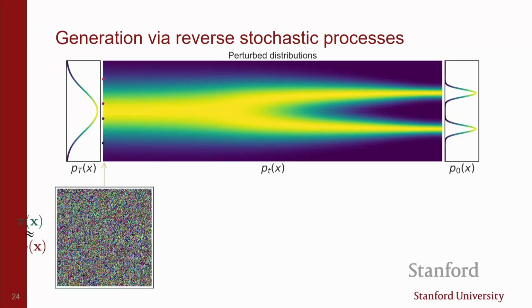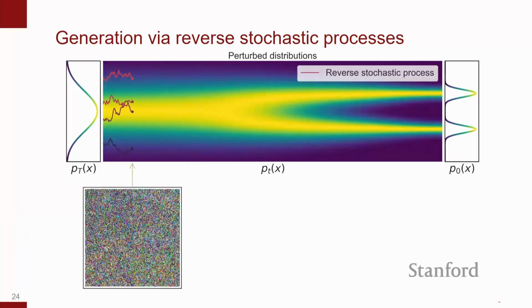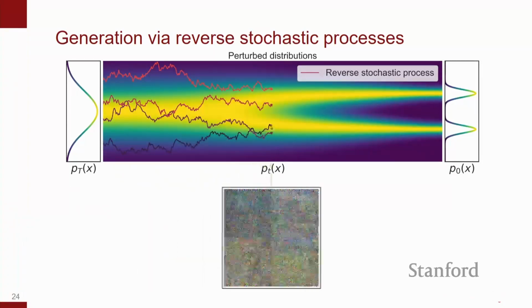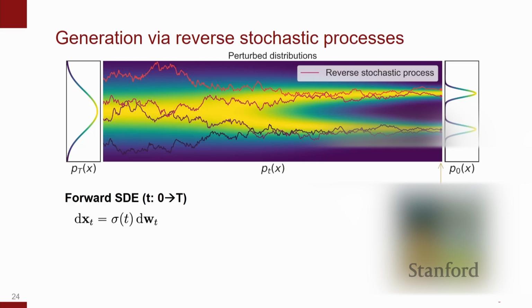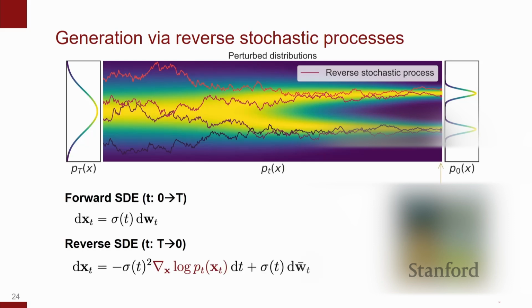Now, what's interesting is that, just like before, we can think about the reverse process of going from noise to data. And the random variables are the same. We're not changing them. But it turns out that they can be described equivalently through a different stochastic differential equation that now goes, where time goes from large to small, from capital T to 0.